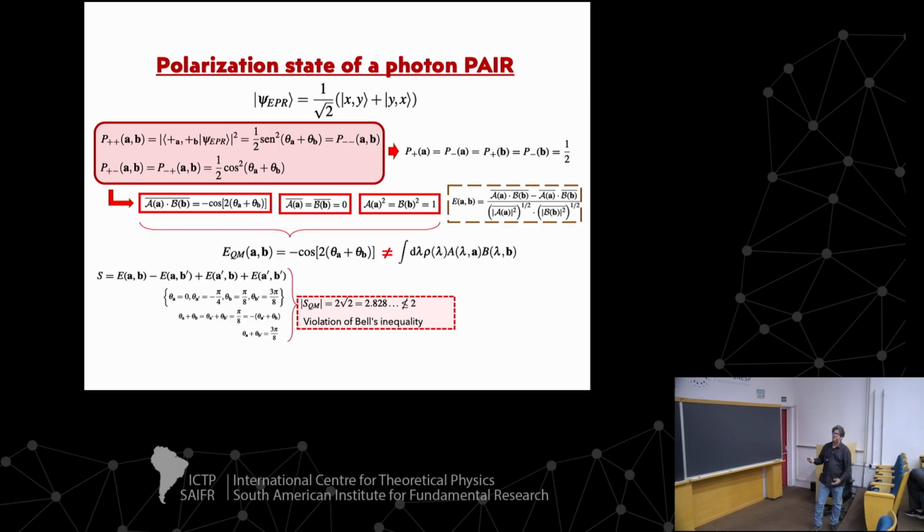So what's the mistake, let's say, is the reasonable assumption that the measurements in site A do not depend on B. You see, quantum mechanically, the detection in site A will depend not only on A, but also on A and B. But if you assume something reasonable, which means that your detector result only depends on your local choice for your polarizer, then you end up in a situation that is violated by quantum mechanics.